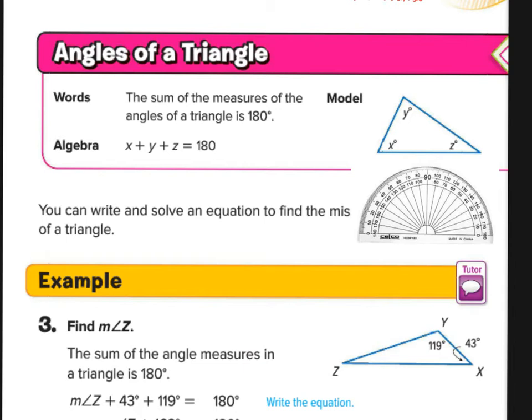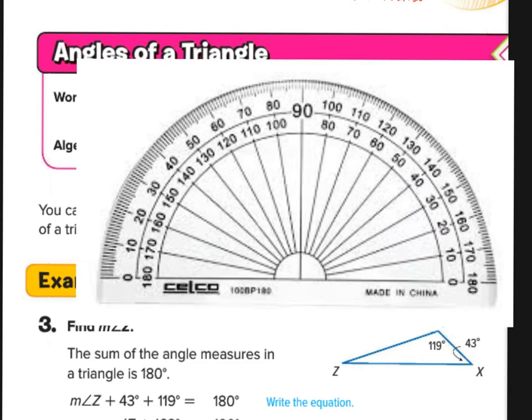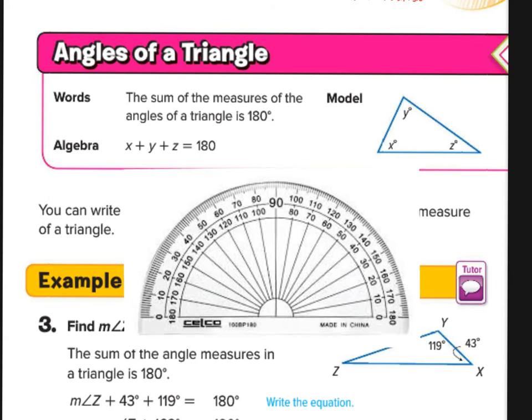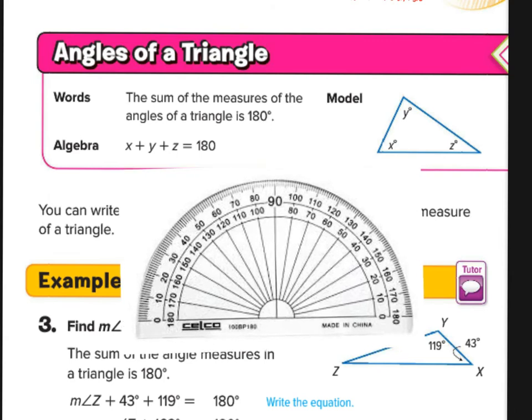Here's what we mean. If you match the baseline of this triangle to the baseline of the protractor, you'll see that we go through all of the degrees, all the way around to get back to the baseline, which is 180. You see it right there? Okay. So this triangle that we have on the top here could be drawn right in here.